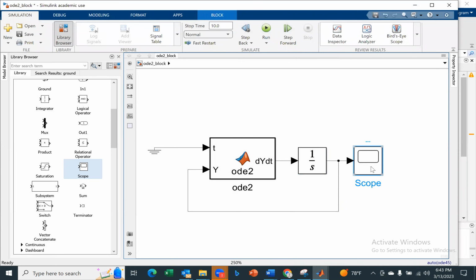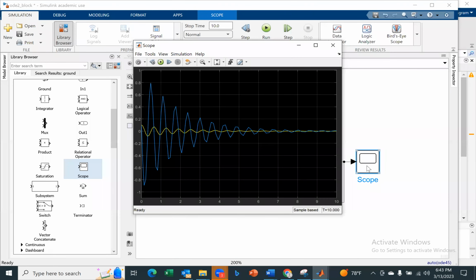And if you double click, you can see the code. Are you with me so far?